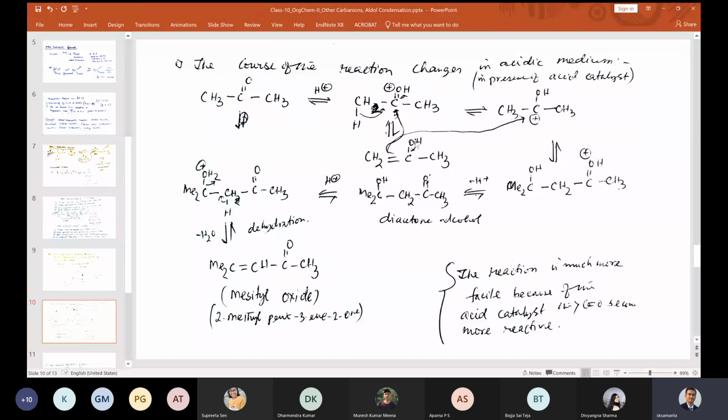So this double bond can attack this positive charge to form Me2COH, CH2, COH, plus, and CH3. Now it can lose a proton to form this diacetone alcohol again. So in this way, the reaction becomes much easier.